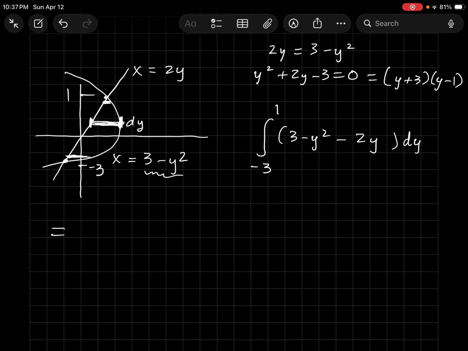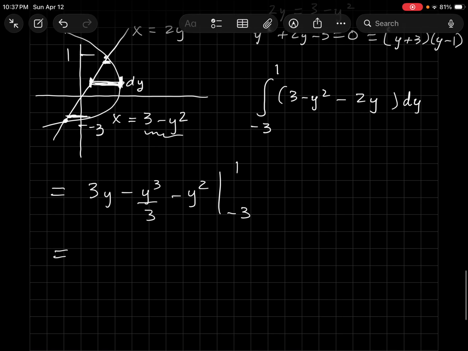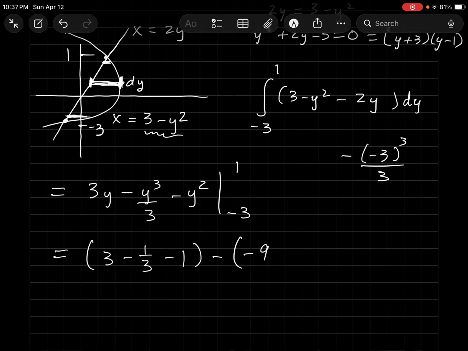We can integrate now, giving us 3y minus y cubed over 3 minus y squared from negative 3 to 1. Plug in the upper limit, we get 3 minus a third minus 1, minus, let's plug in the lower limit, we get negative 9, and then let me do this over here separately, we get negative 3 cubed over 3.